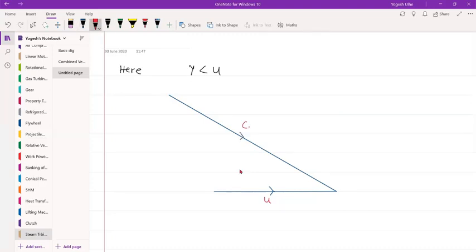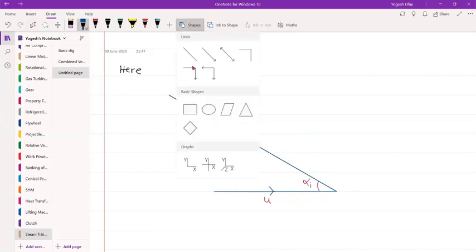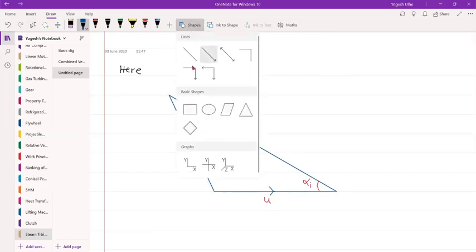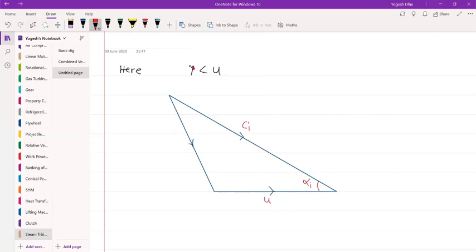CI. This angle is what? Alpha I. After that, what is this? CRI. Very good. Then a dotted line from here, everyone.